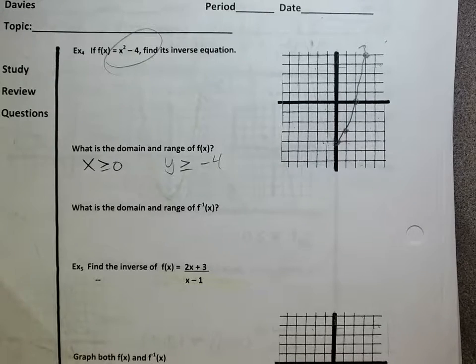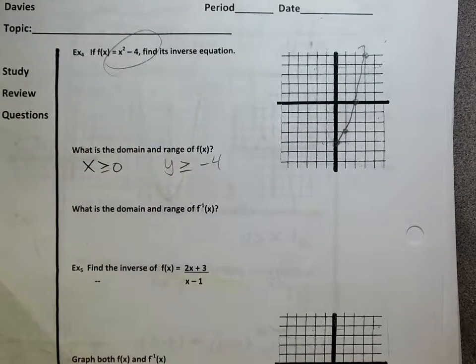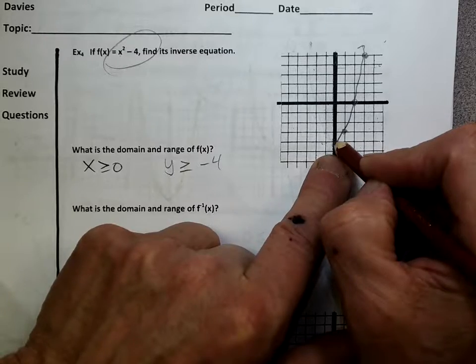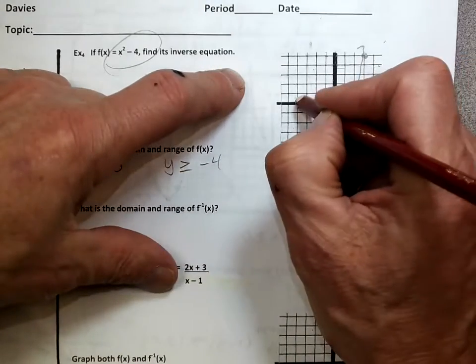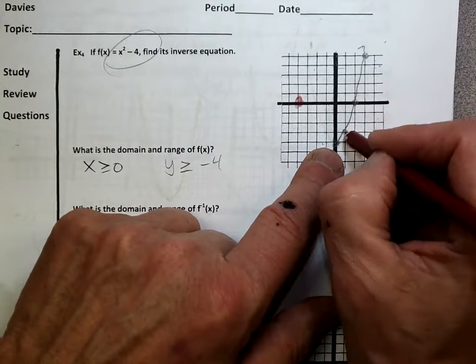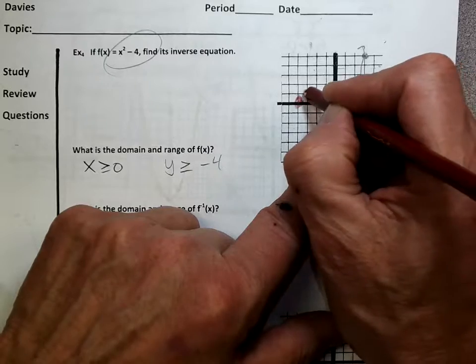Now let's look at the inverse. So point by point, let me find a different color. How about blue? Blue will work. So I'm at 0, negative 4, so its inverse will be at negative 4, 0. I'm at 1, negative 3, so its inverse will be at negative 3, 1.